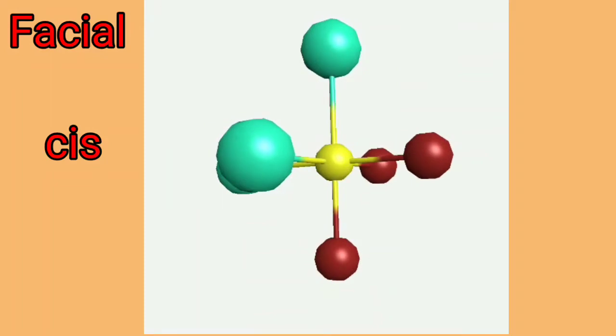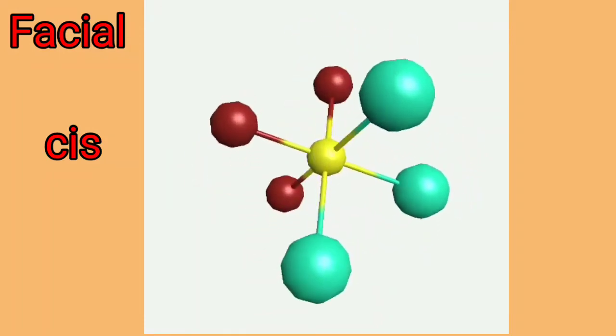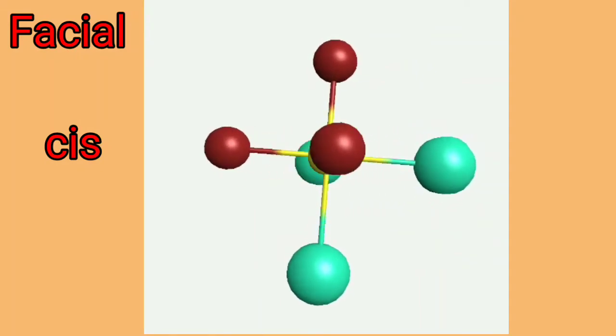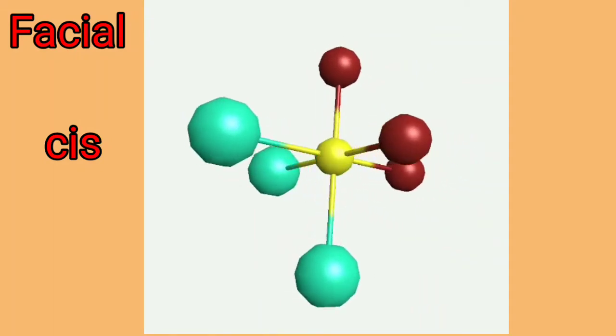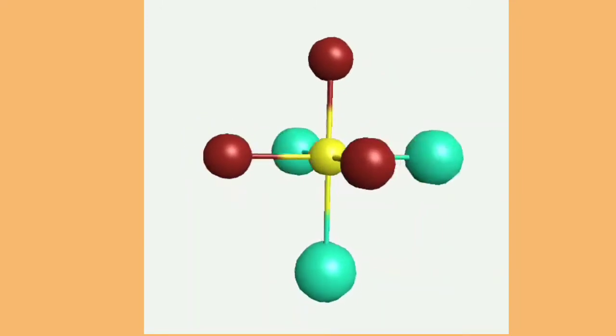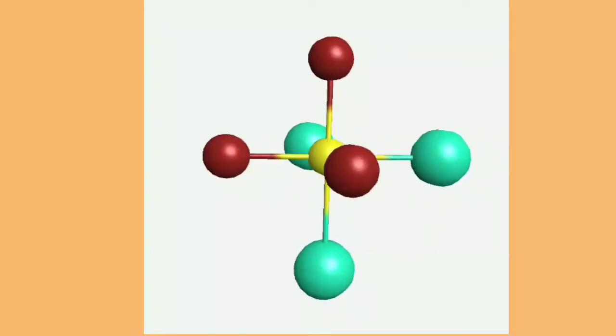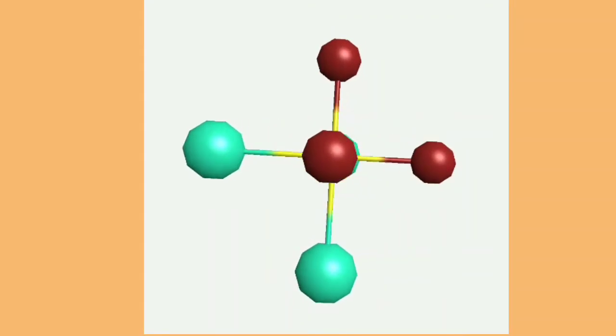First, when all three ligands are present at 90 degree, this isomer is called facial or cis isomer. And you can see that the angle between all three A ligands and all three B ligands is 90 degree only. We can check all three A and all three B ligands.